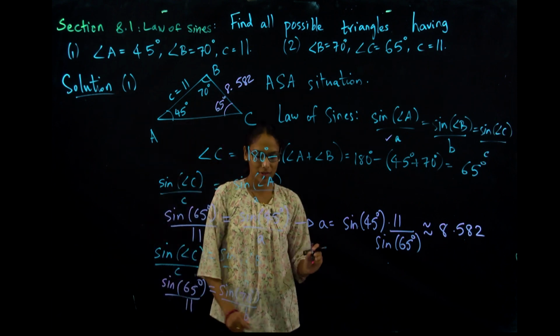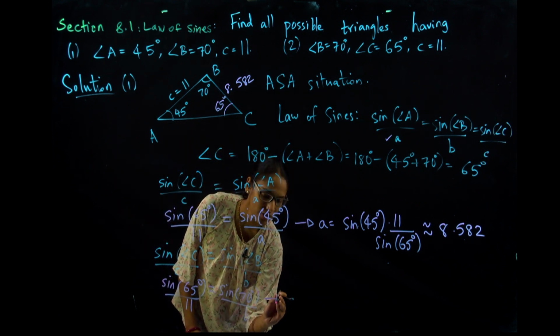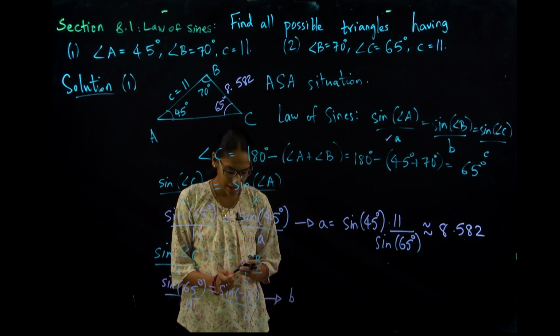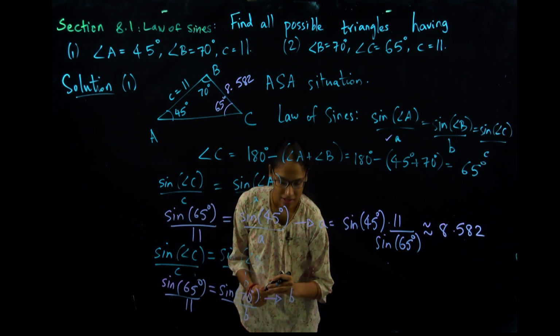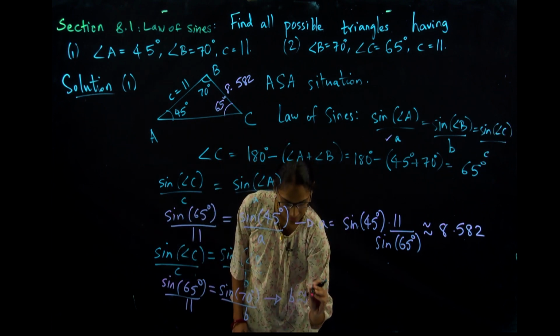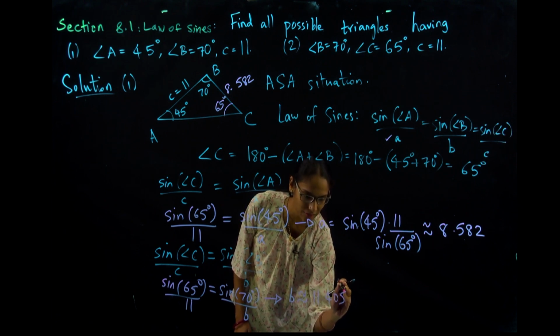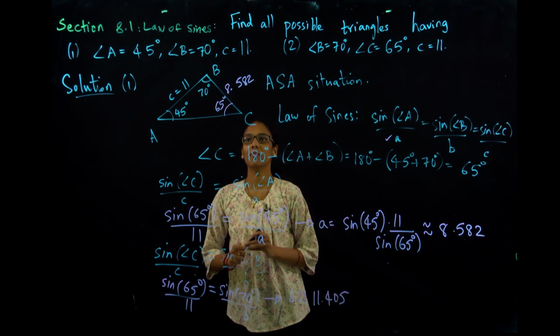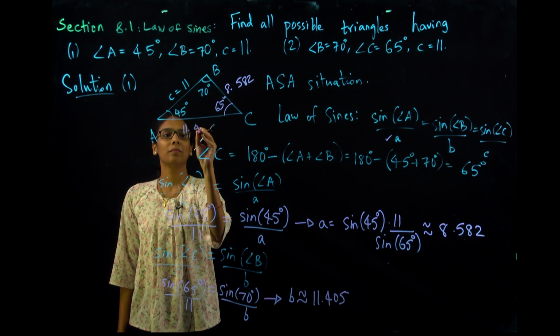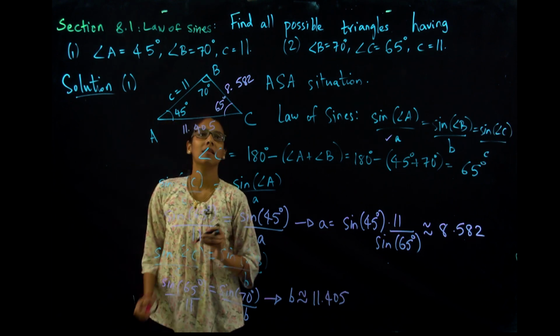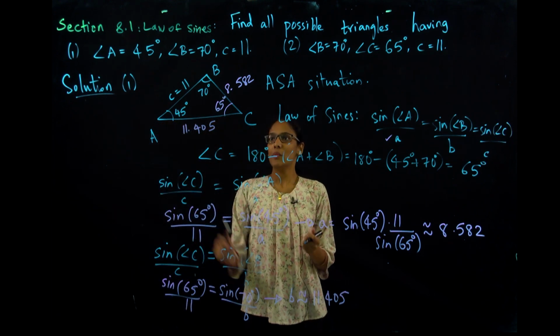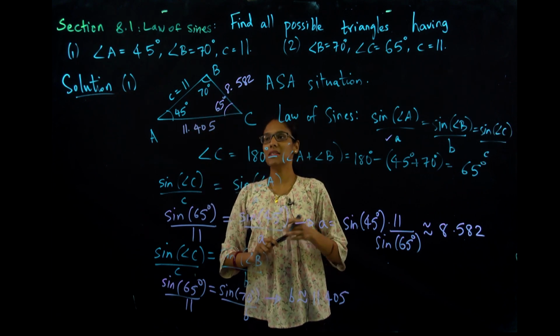Just like solving for little a, we solve for little b, and that ends up being approximately 11.405. Now, we have figured out all possible measurements here.